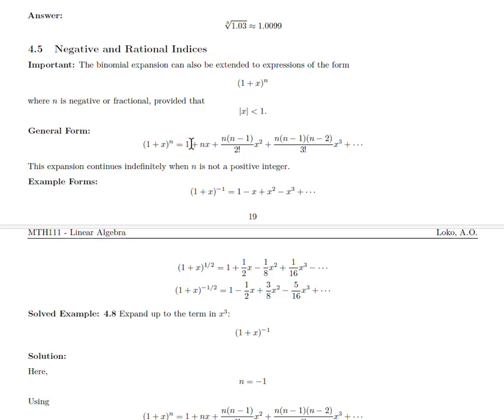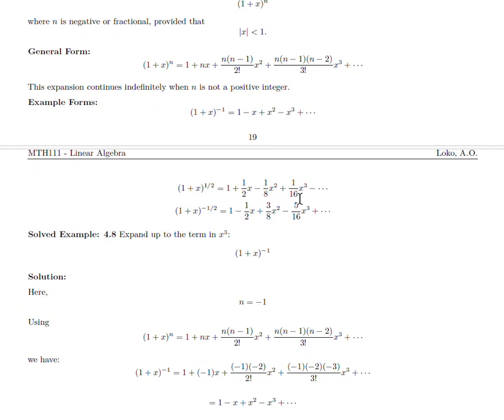So we'll have 1, then if we substitute minus 1 here, we'll have minus x, plus, if we substitute minus 1 here and minus 1 here, first of all in the bracket, minus 1 minus 1 is minus 2. Minus 2 times minus 1 becomes plus 2 over 2 factorial. 2 factorial is 2. 2 over 2 is 1. So we are left with 1 times x squared, which is x squared. The same thing here as well. We'll be left with minus x cubed, and we can keep going on and on.